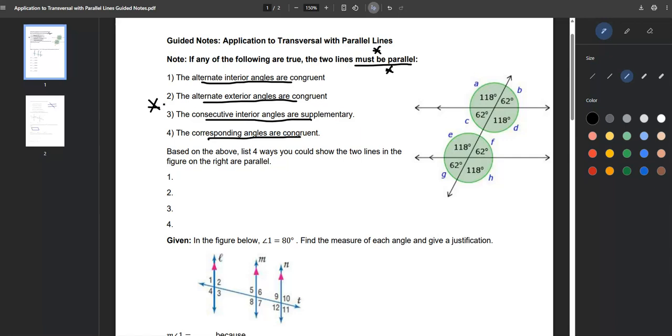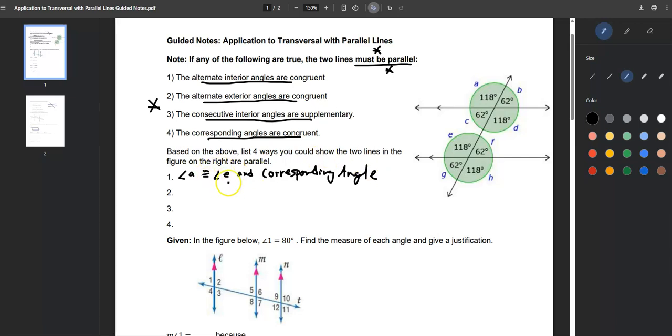And how do I do this? Well, guys, I can look at these different angles. I could say that angle A is congruent to angle E, and that they are corresponding angles. So then my lines have to be parallel in that case.